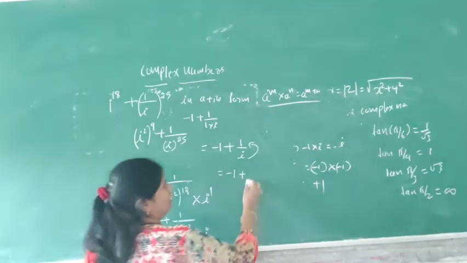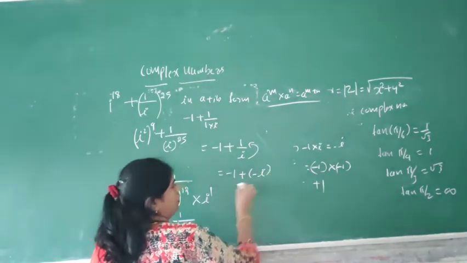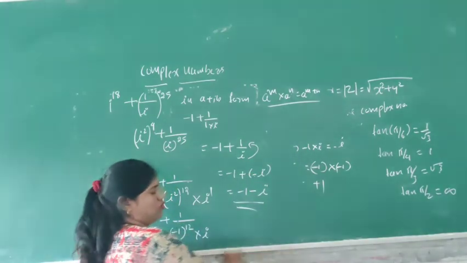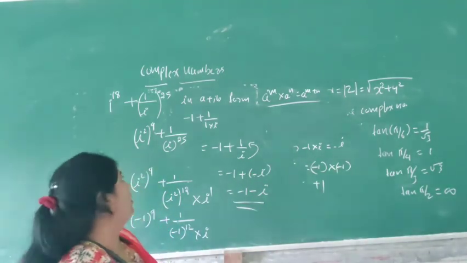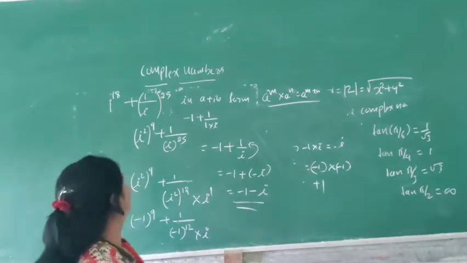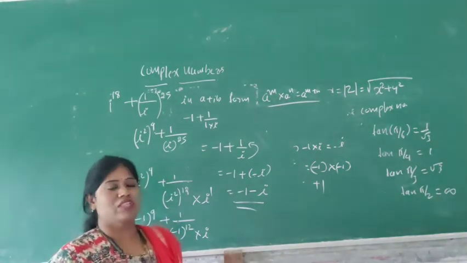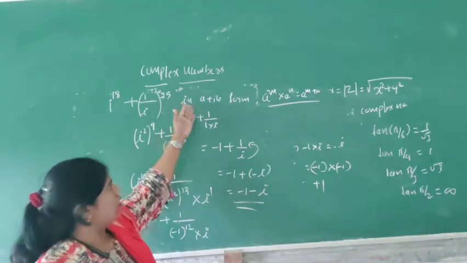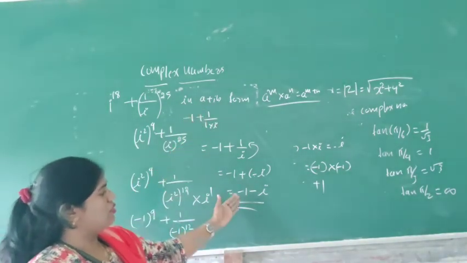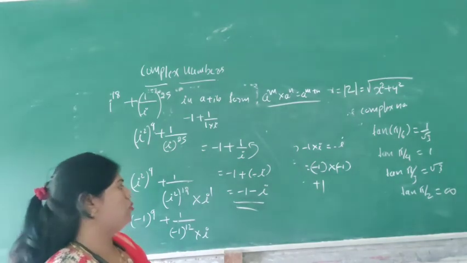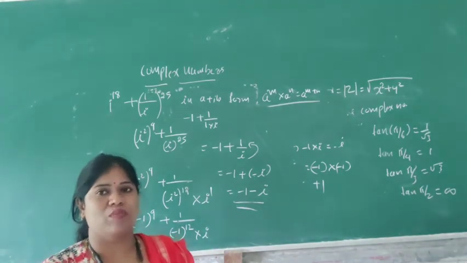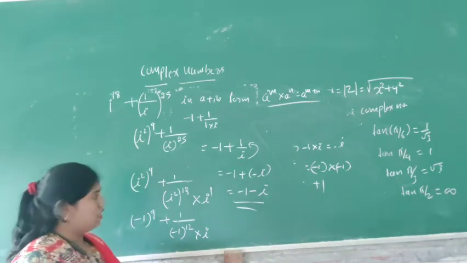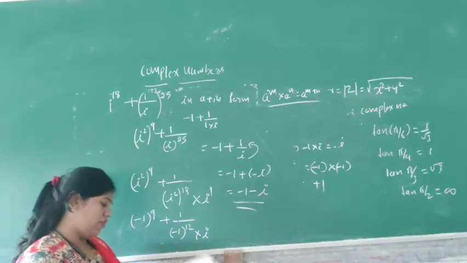It is going to be minus I. So minus 1 plus minus I is the simplified form of I raised to 18 plus 1 divided by I raised to 25. We got it in the A plus IB form, which is minus 1 minus I.